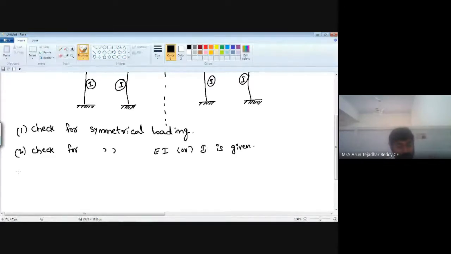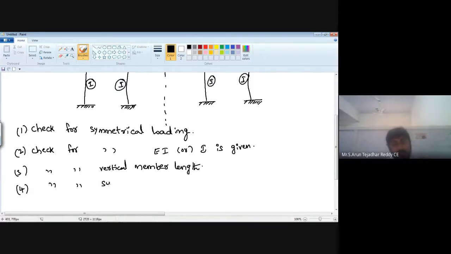Next, the third condition is to check the vertical member length. Next, the fourth one, check for symmetrical supports. So these four are the main conditions. After that, we'll see other conditions, but first complete these four conditions.